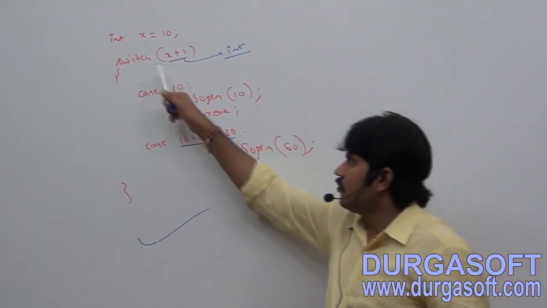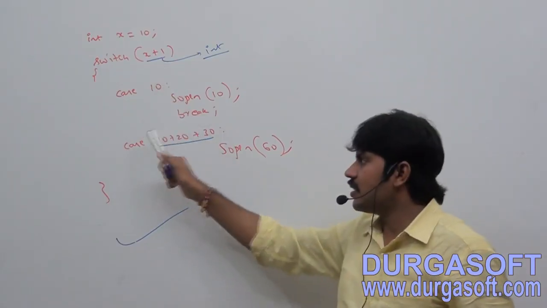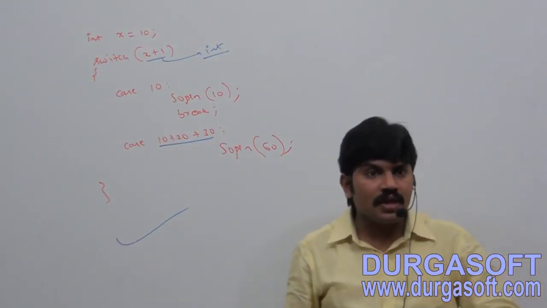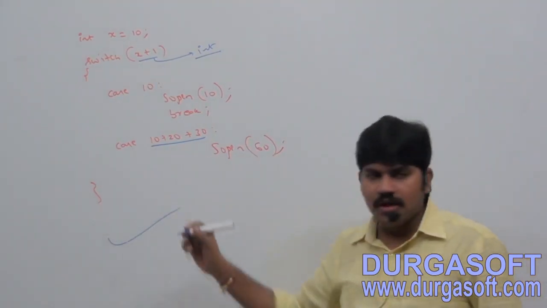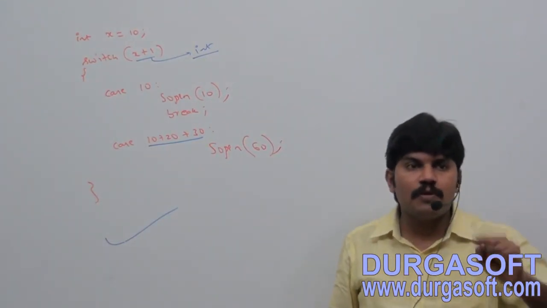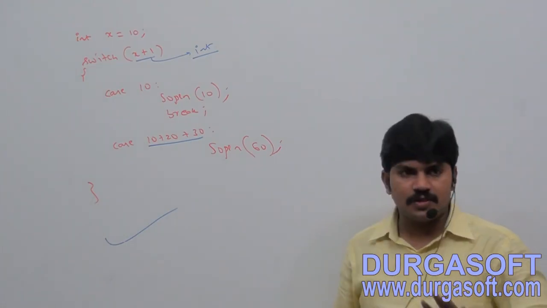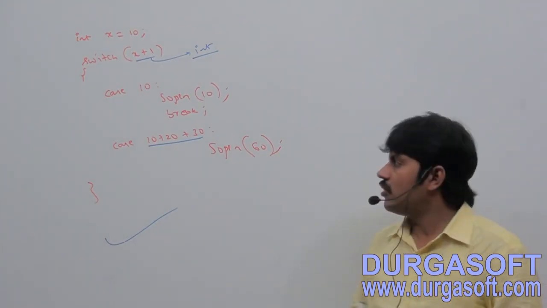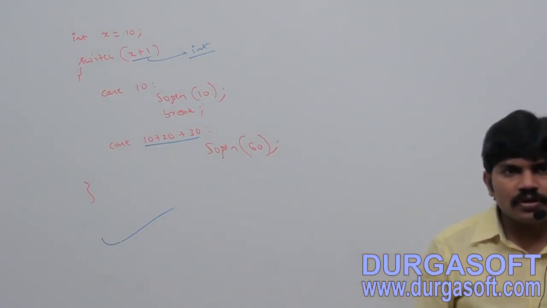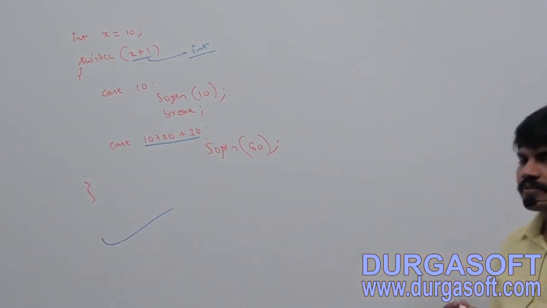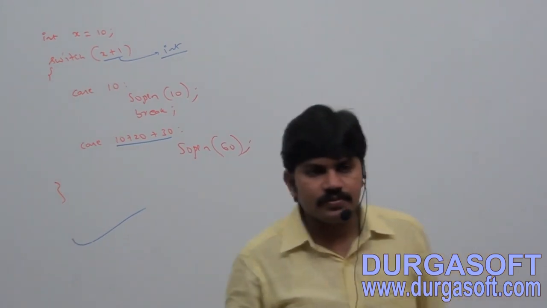So the switch argument and the case label both can be expressions. Switch argument can be an expression, case label can be an expression, but case label should be a constant expression. Are you able to understand it? So this example is perfectly valid.